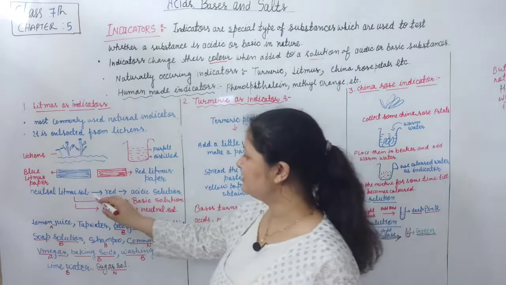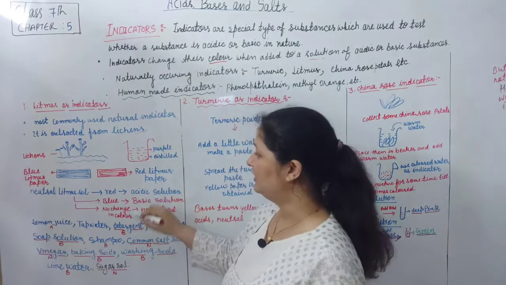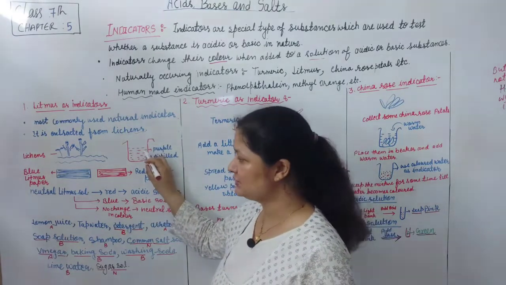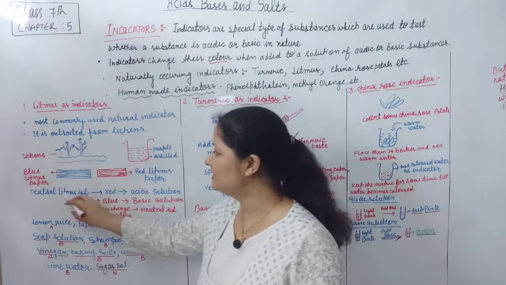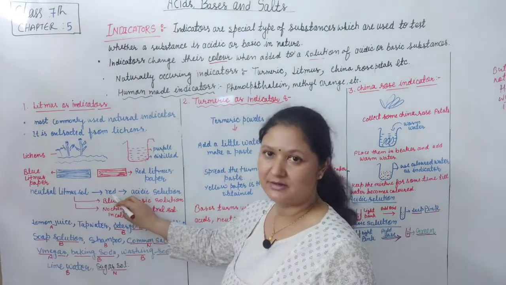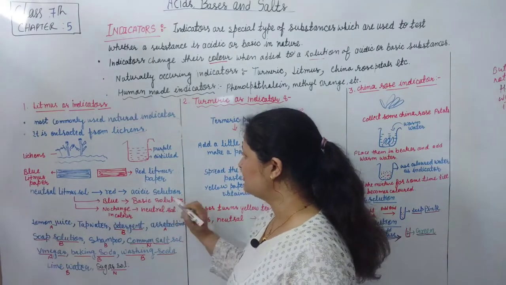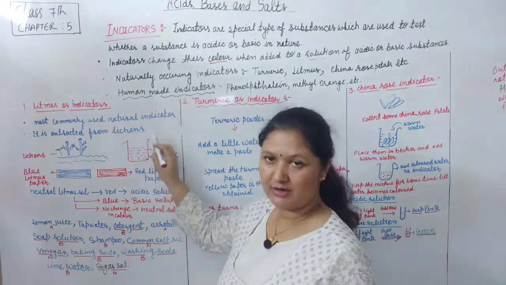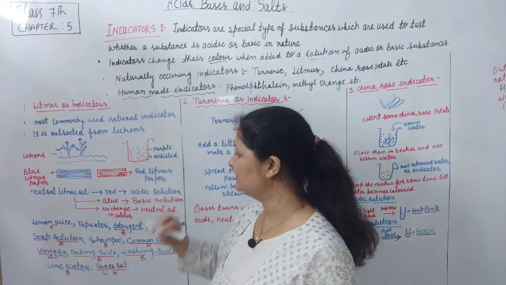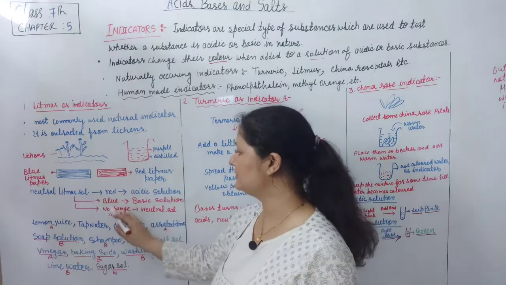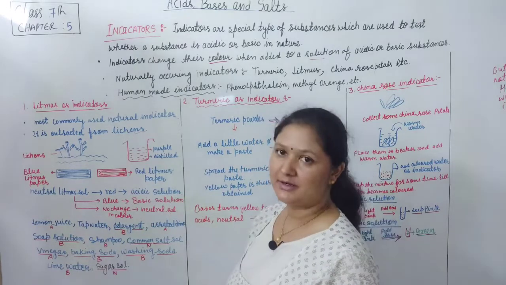And this neutral litmus solution turns red in acidic solution. When we add some acidic solution to this neutral litmus solution, then it turns red, right? And when we add some basic solution like soap solution, shampoo, washing soda to this neutral litmus solution, then it turns blue in basic solution, right?